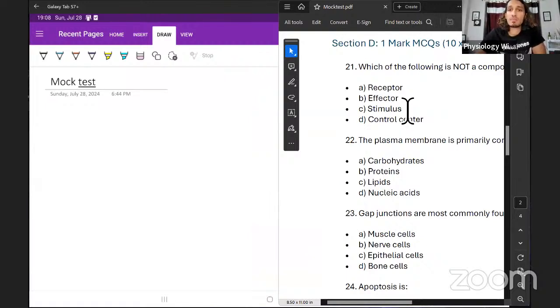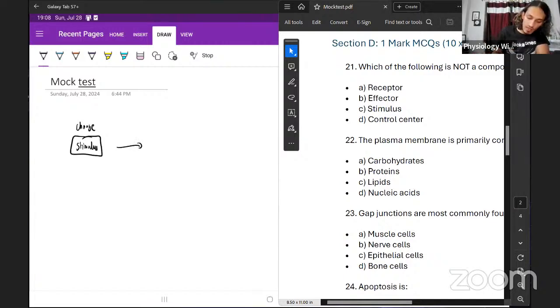So when you talk about homeostatic mechanism, it has usually some kind of stimulus which is coming, okay, or a change, whatever. Okay, that change, once it is coming, that is detected by something. Okay, so that detection is by something like a receptor.